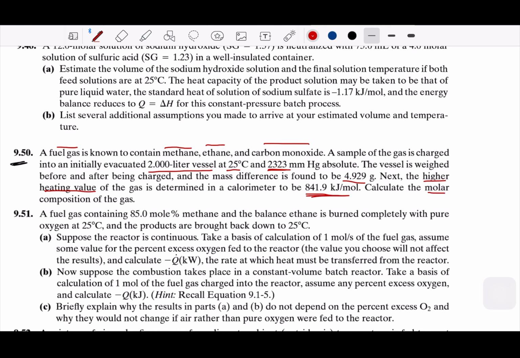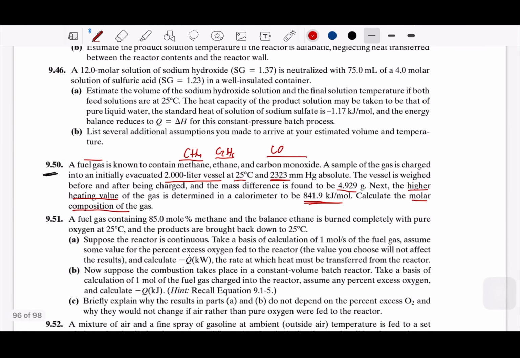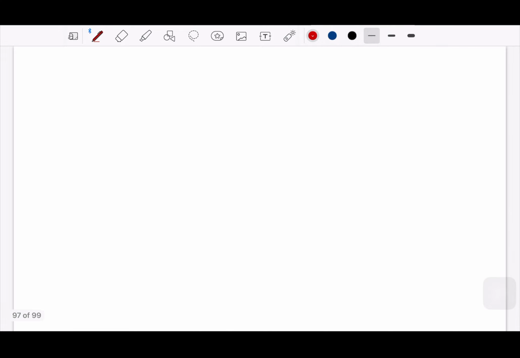Calculate the molar composition. We would like to know the composition of the gas: how much mole of the methane, ethane, and CO, so the ratio between these three. Let's start with the reactions. We have methane, ethane, and carbon monoxide.